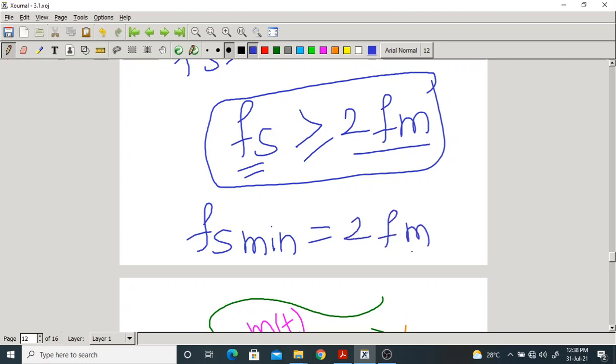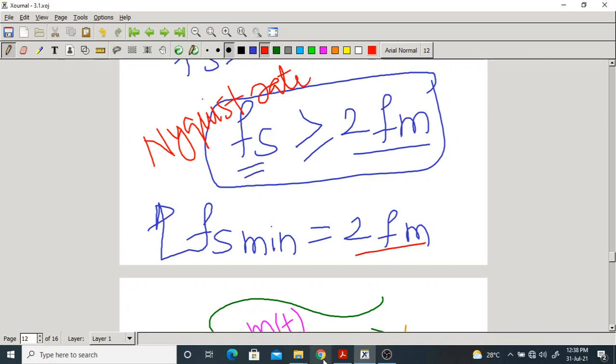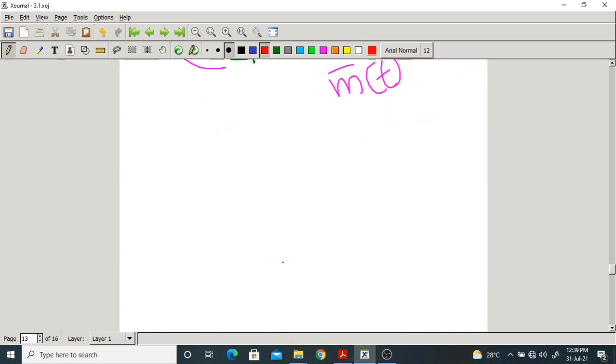The minimum sampling rate required for reconstruction is called the Nyquist rate. What is it called? Nyquist rate. What is the Nyquist rate equal to? 2Fm. So we define the Nyquist rate with NQ or NR.